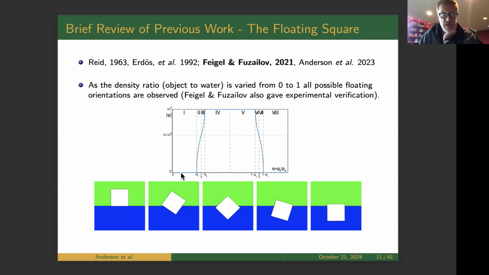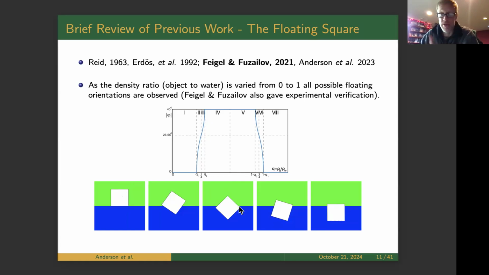So what you see for the square, at this low end of density, near 0 or up to maybe 0.23, is that this angle is 0. The object floats flat side up, pretty high in the water, maybe not too surprisingly. In the middle region, say around density ratio 0.5, the object is volumetrically about half in and half out of the water.